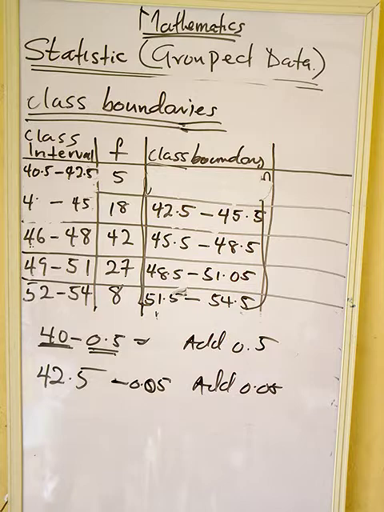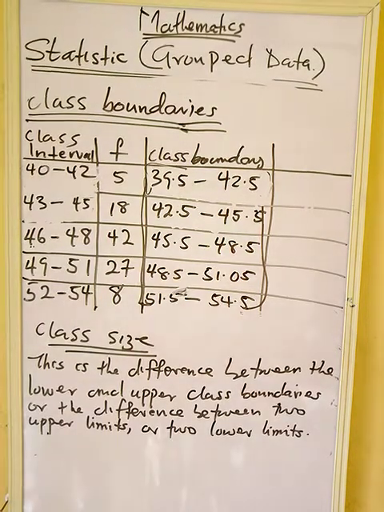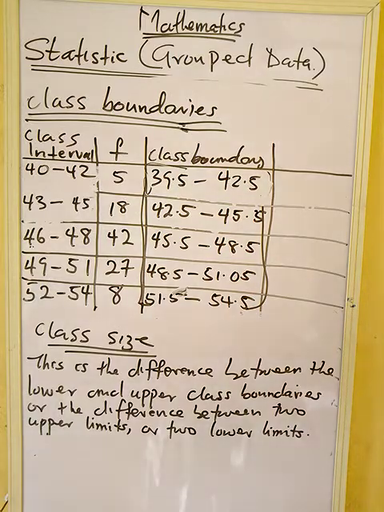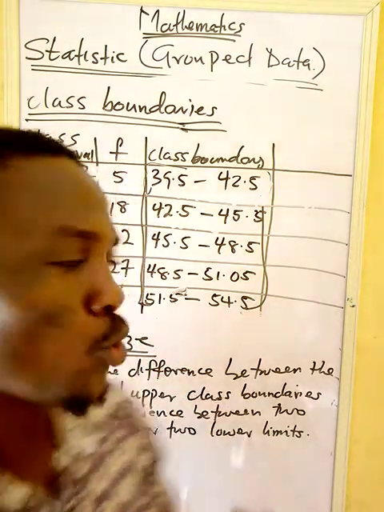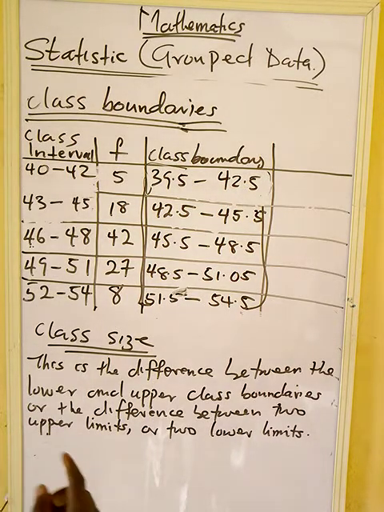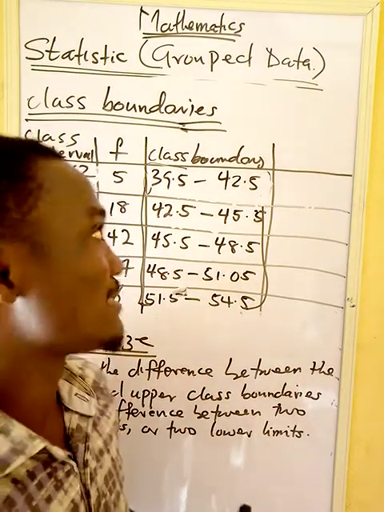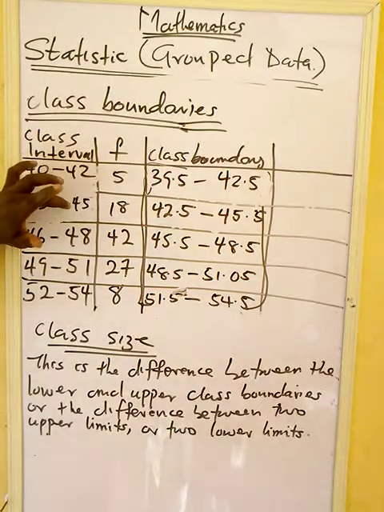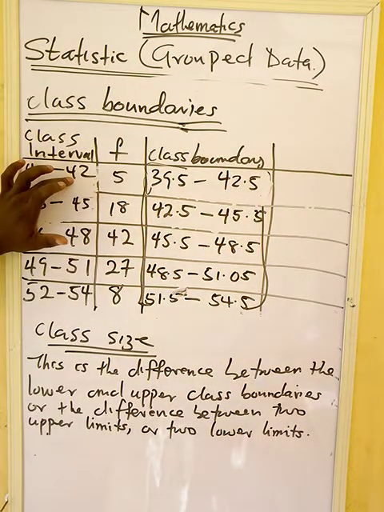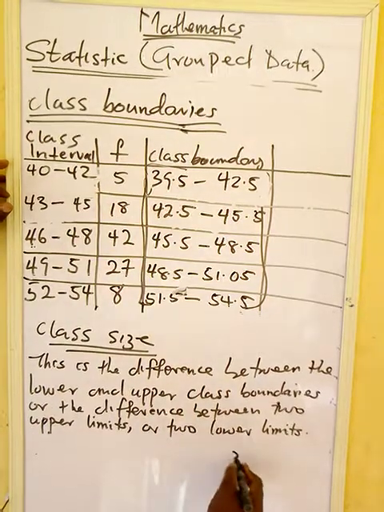Let's see how we get our class size. To get our class size will be the difference between two upper limits or two lower limits. 45 minus 42 will give us 3.